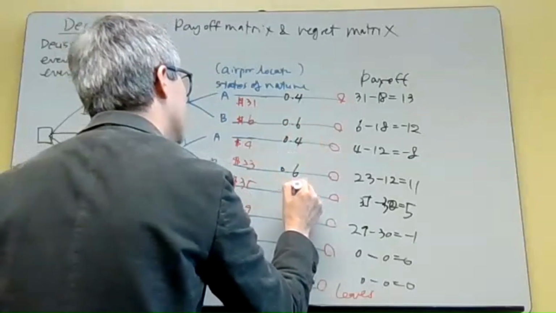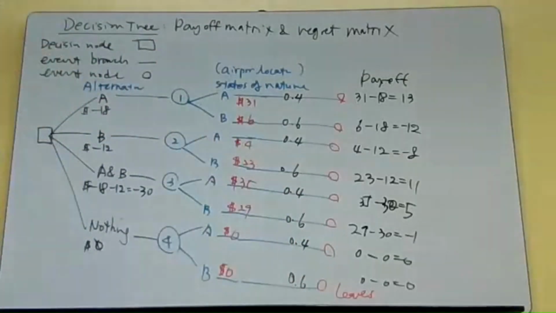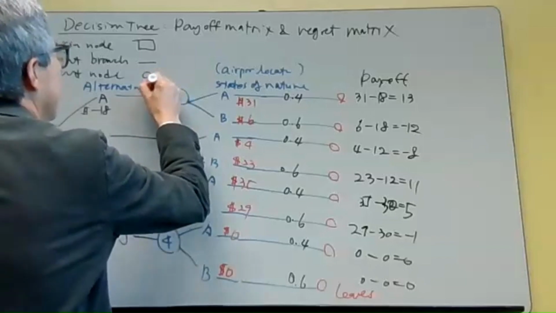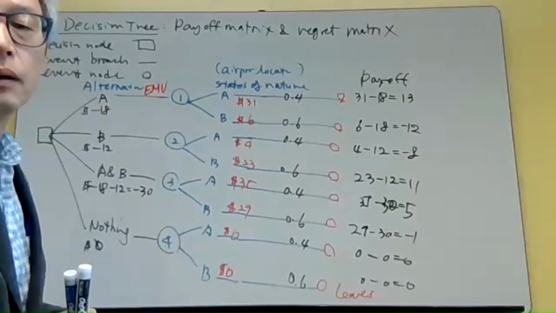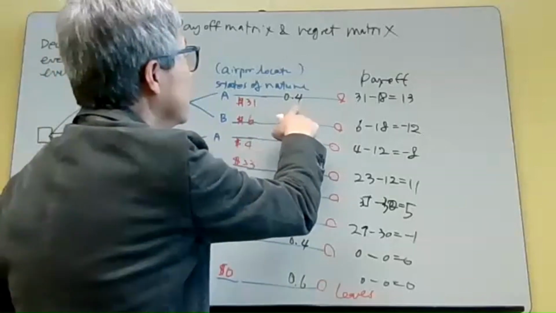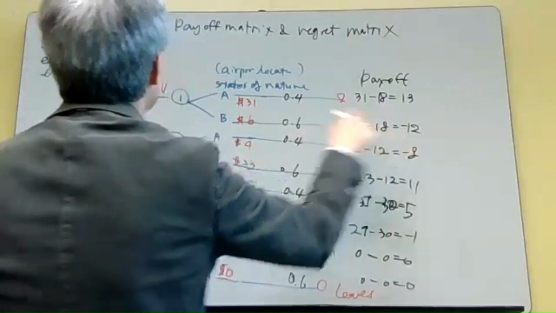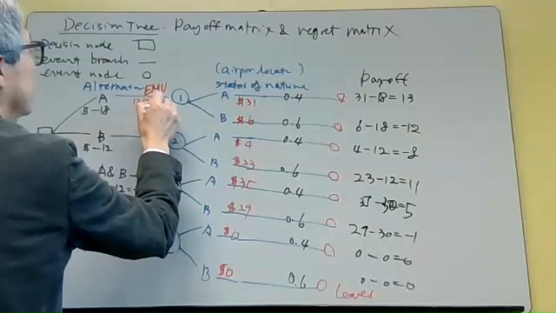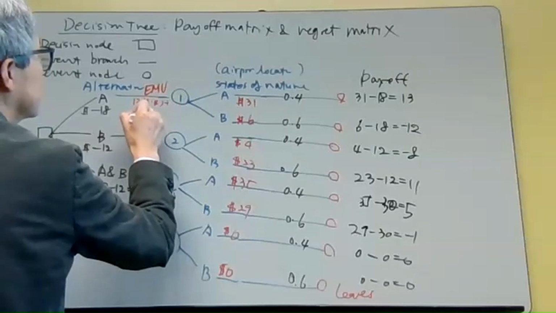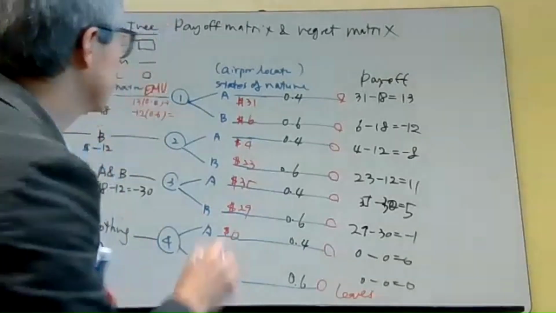So EMV at each node: 0.4 times 13 plus 0.6 times minus 12. That is minus 2.